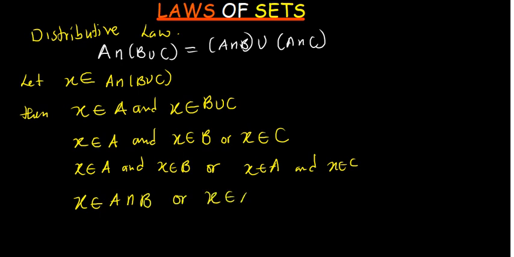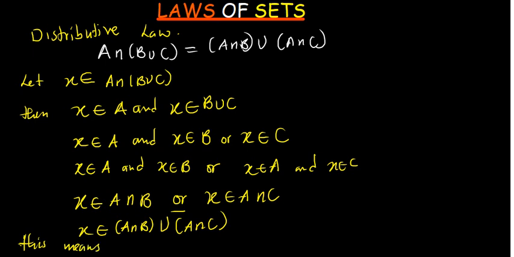X is a member of A, and again where there is and, we'll put intersection C. This means X is a member of A intersection B, where there is or, we'll put union, and then A intersection C. So what we've just shown here is that what we started with, A intersection B union C, is a subset of what we have found, that is A intersection B union A intersection C. Any question here?